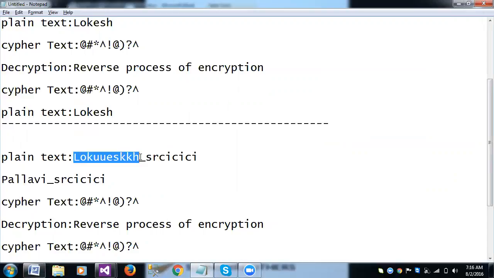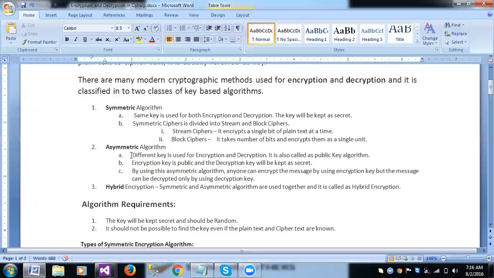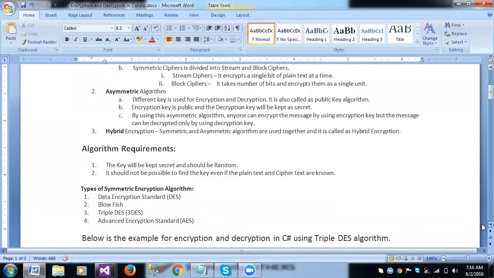While decrypting, we can trace out the third index and remove the character, and again after the fifth we remove the character. The way of encryption, the same way of decryption we can apply.